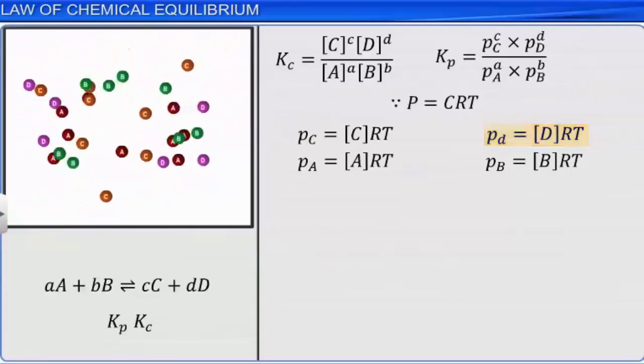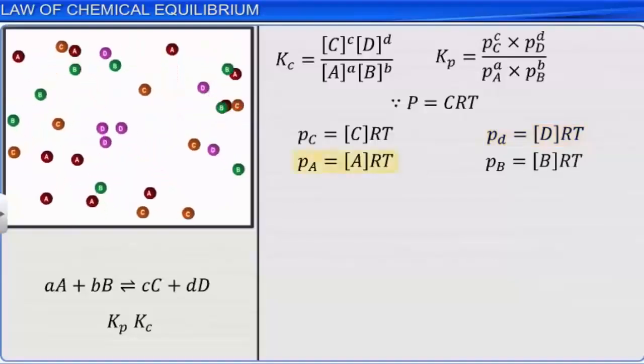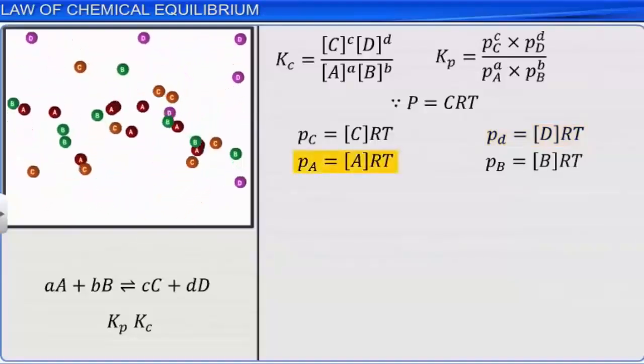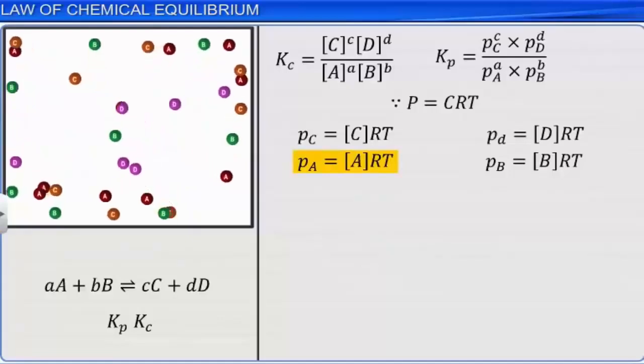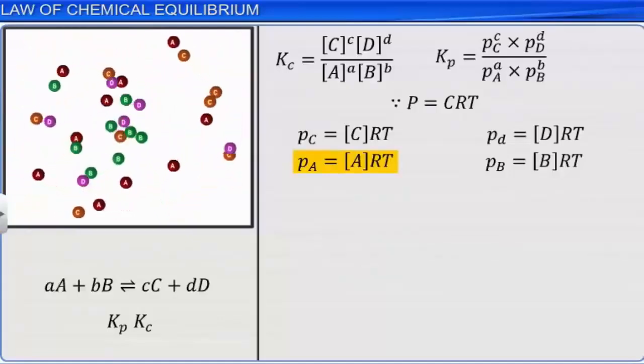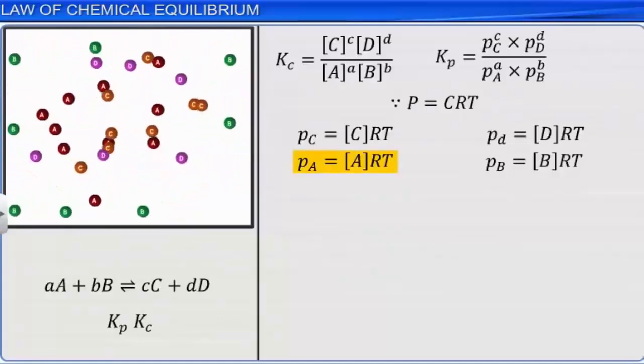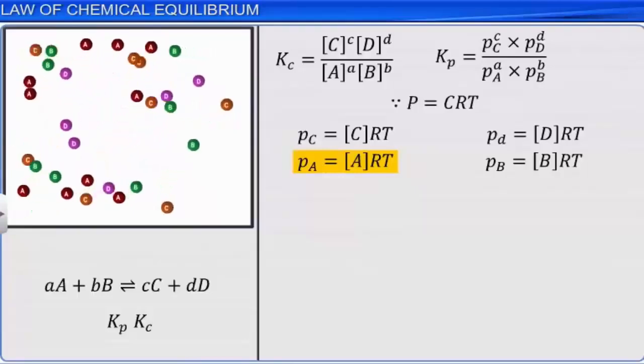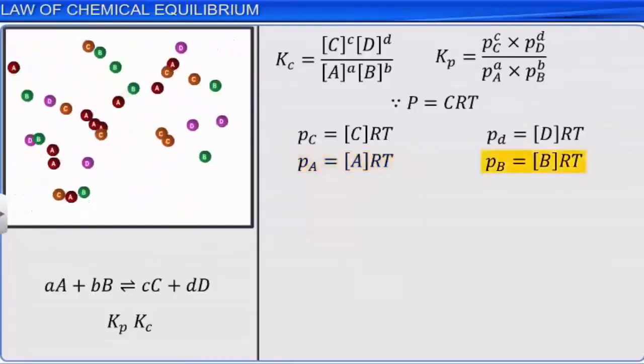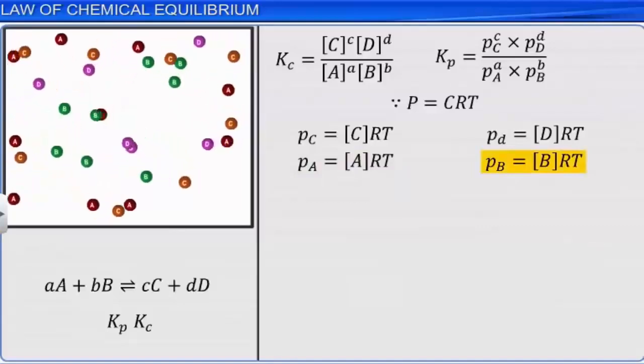Partial pressure Pa is equal to the concentration of A multiplied by RT. Partial pressure Pb is equal to the concentration of B multiplied by RT.